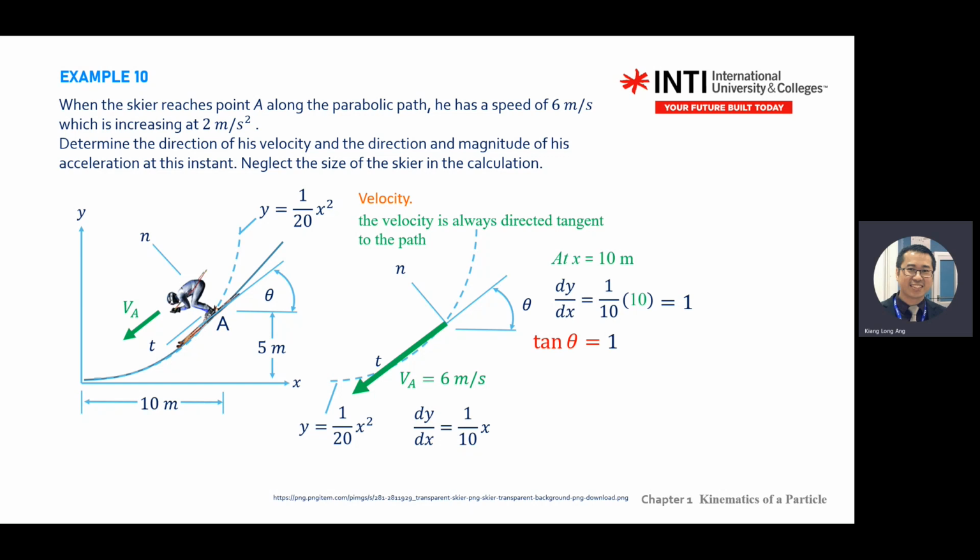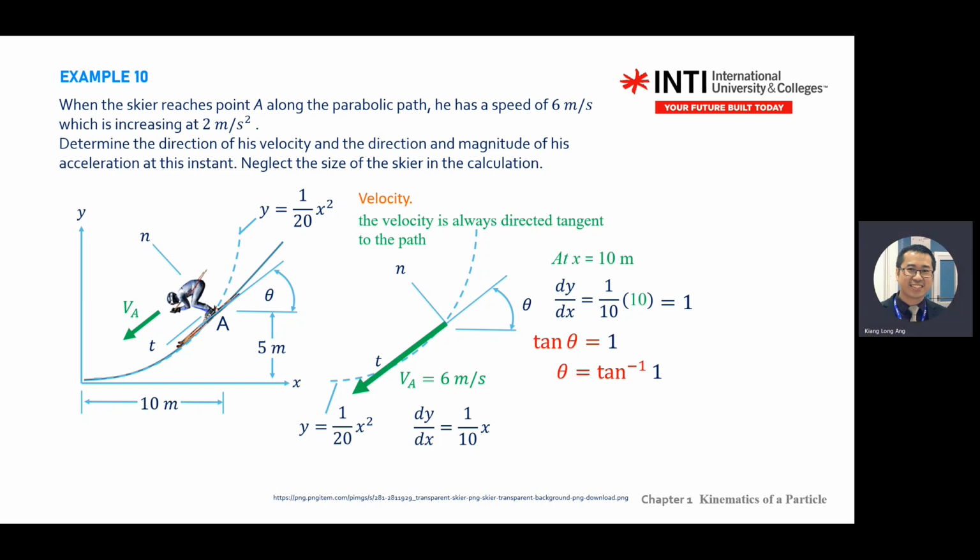So dy, the y component, divided by the x. So tangent equal 1. You flip, you want to find the angle, you get the inverse tangent of 1.